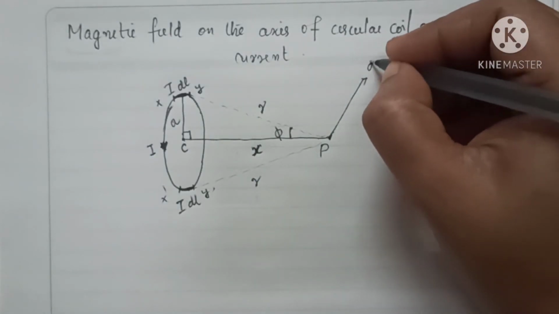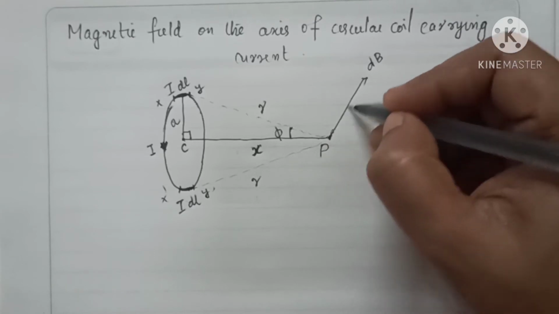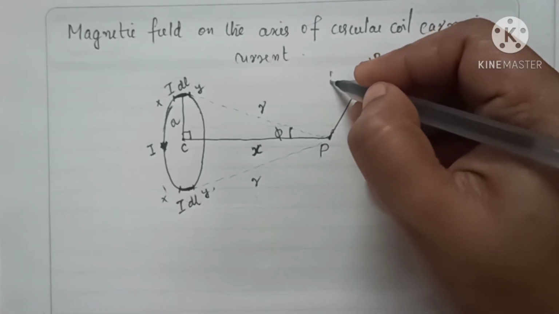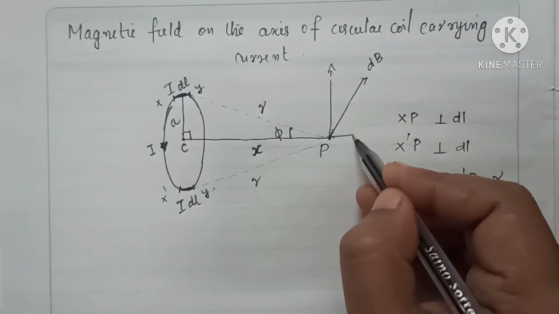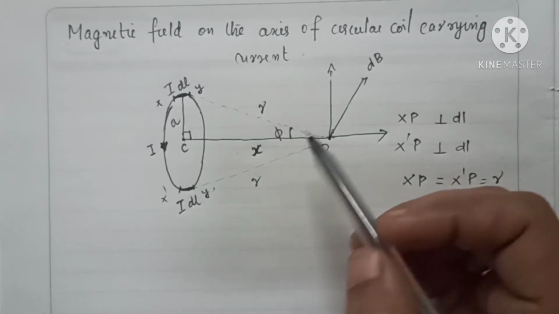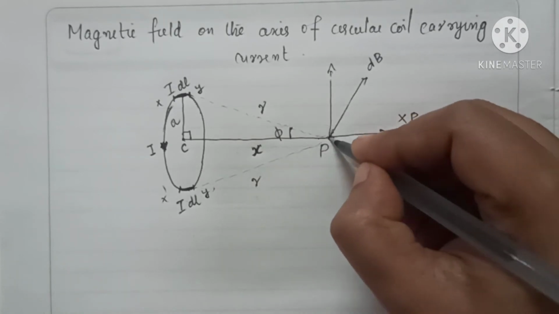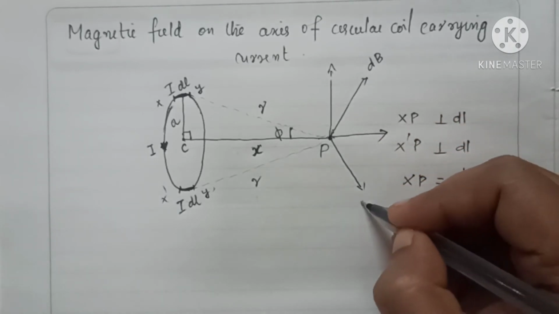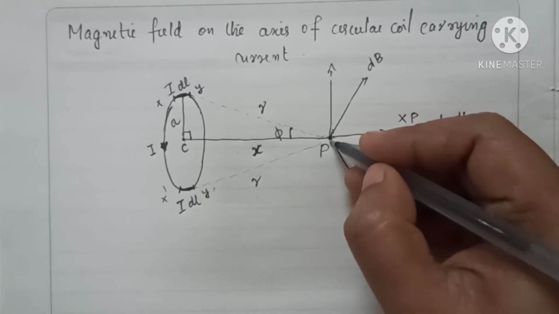So this is our direction of dB, clear. Now this dB can be resolved into two components like this, the first one and the second one, clear. Similarly in this case also, this r is perpendicular to the direction of dB. So this is our dB, again resolving into two components, this one and this one.